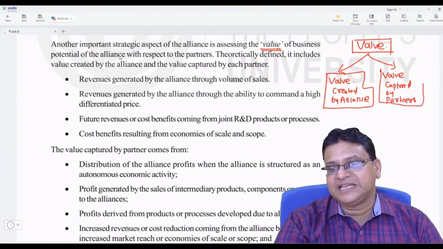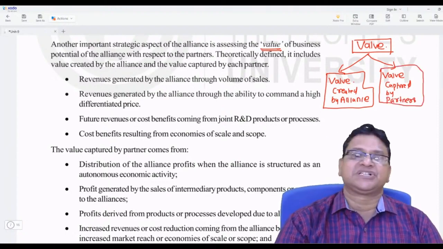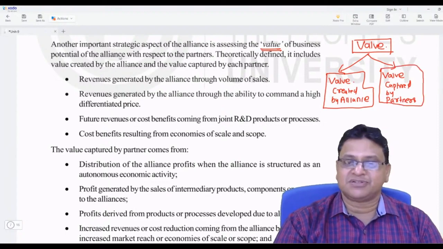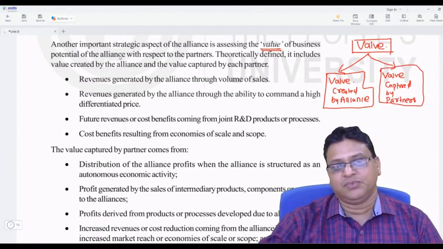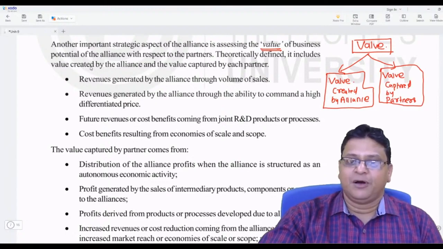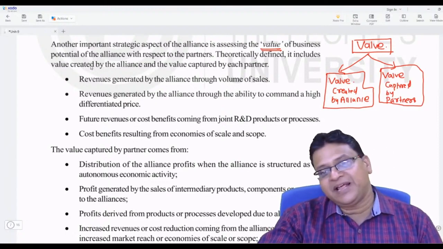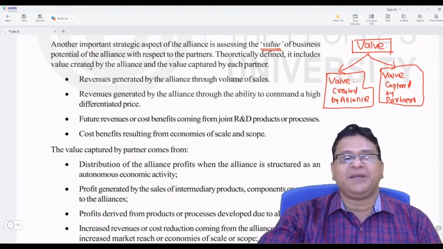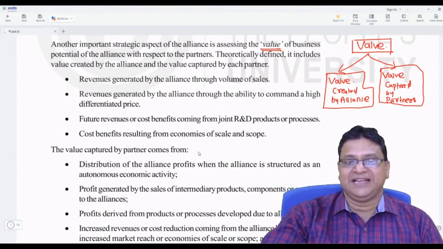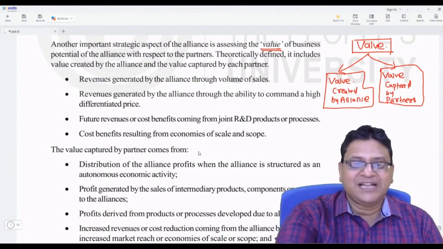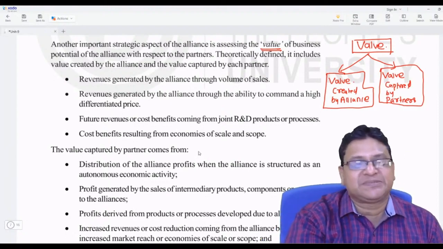One is value creation and value distribution. We have discussed that an alliance must create value. The value may be of two types: value created by alliance and value captured by partners. So what is the value created by alliance and what is value captured by each partner?